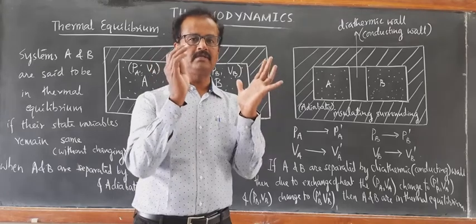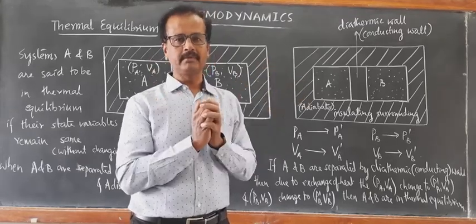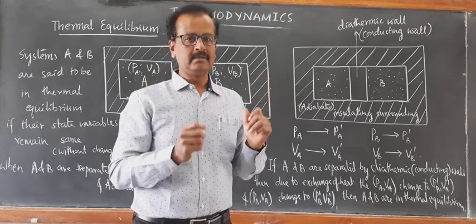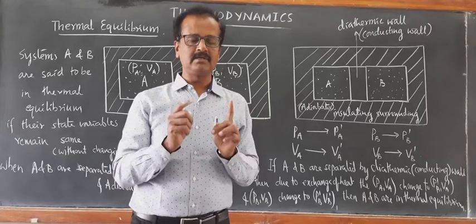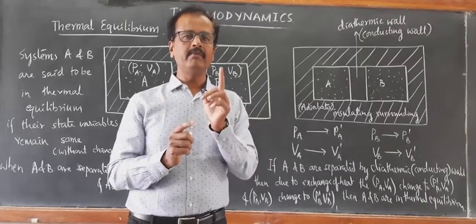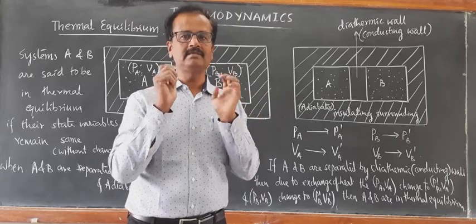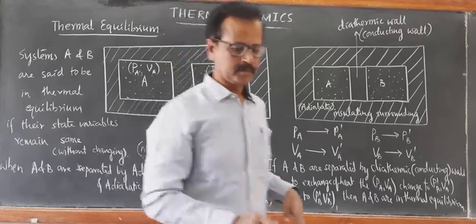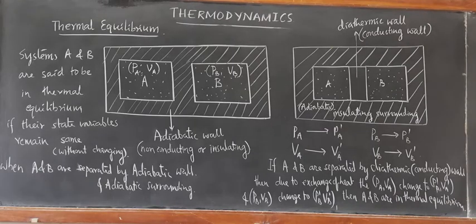Once that common thing is attained, they are said to be in thermal equilibrium. That guess is temperature. So in order to arrive at the concept of temperature, we are learning one very important law of thermodynamics, which defines what temperature is. That is called the Zeroth Law of Thermodynamics. The Zeroth Law of Thermodynamics defines what temperature is.